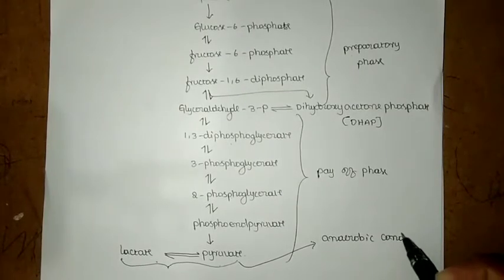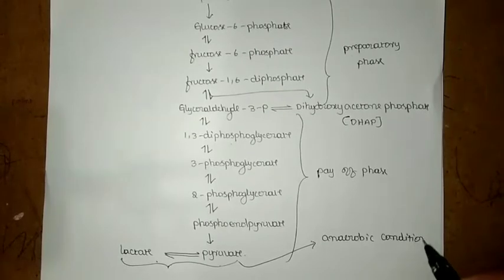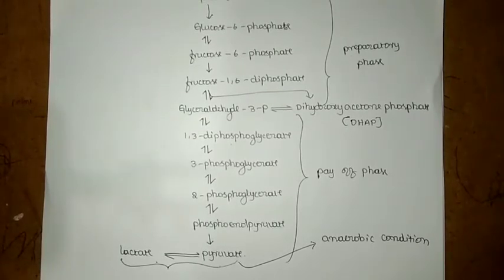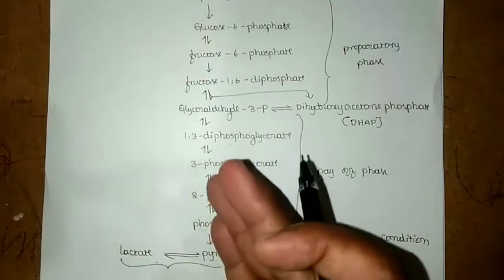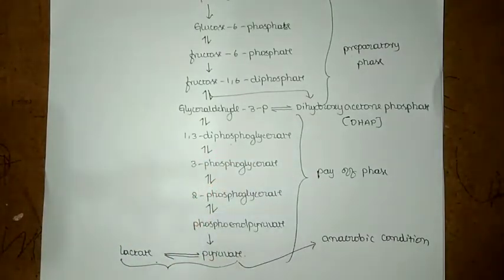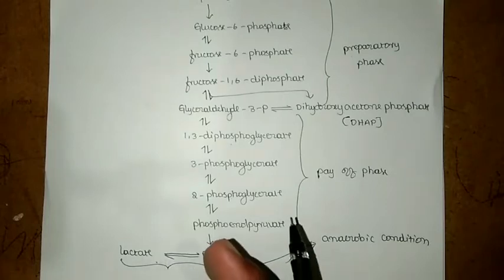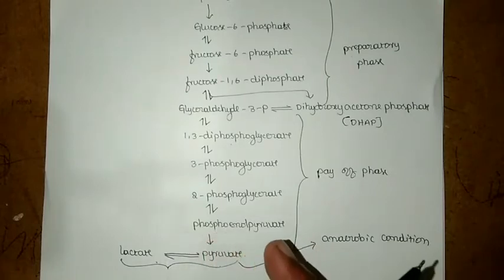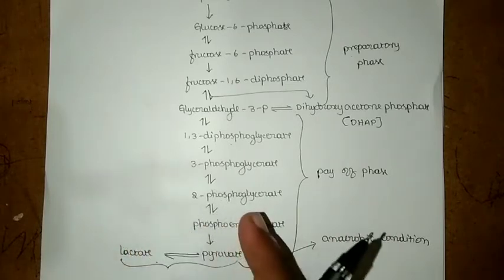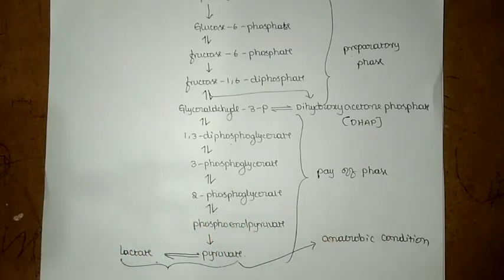This is an extension compared to the aerobic pathway of glycolysis. So here you can get a simple idea of what the first conversion is and what the final reaction is, up to what I am supposed to consider in case of aerobic glycolysis, and what the extension of glycolysis is in case of anaerobic condition.